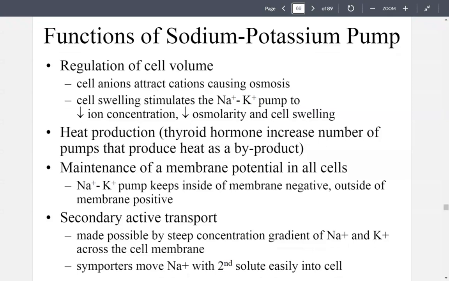Heat is a byproduct of the energy bond releasing. So we can generate more heat. We don't talk about it that much though in that usage, but that is a function of it. As I mentioned, maintenance of a membrane potential. We talk about that more specifically with the neurological systems, or components I should say, but this sodium-potassium pump and the membrane potential is across all of them.